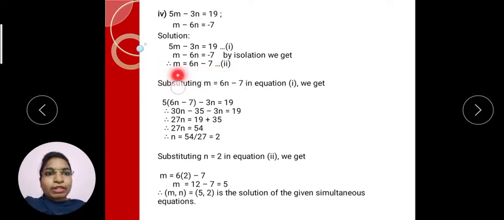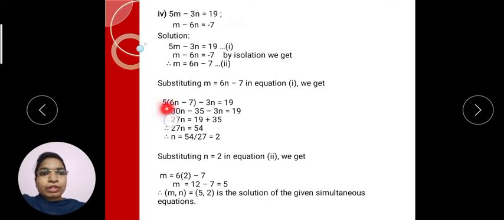So substitute this value of m in equation first. After finding the value of m, we have to substitute this value in equation first. Why m is equal to 6n minus 7? Because this minus 6n shifts and becomes 6n, and this minus 7 is as it is.